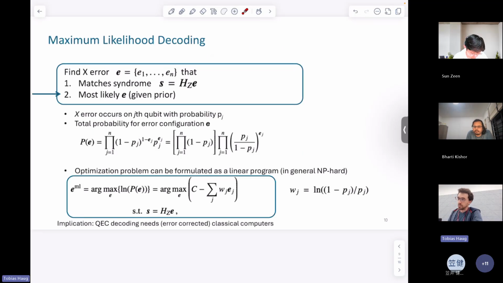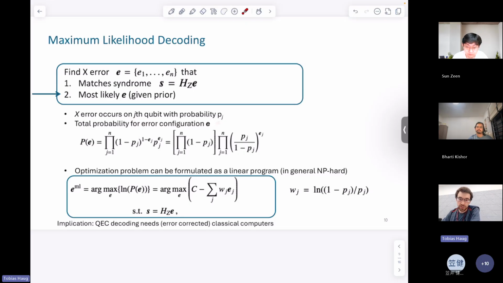Okay, and optimally, we solve this by running some optimization problem. To specify what it means to be most likely, we need to know, given the jth qubit, what is the probability pj of an X error appearing.